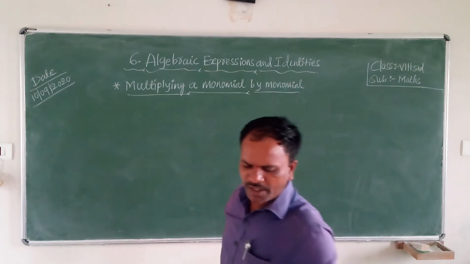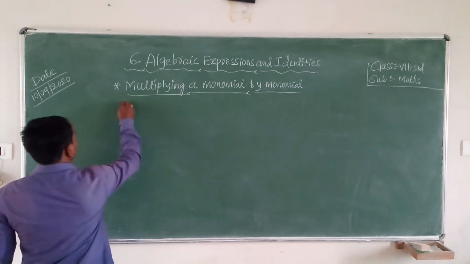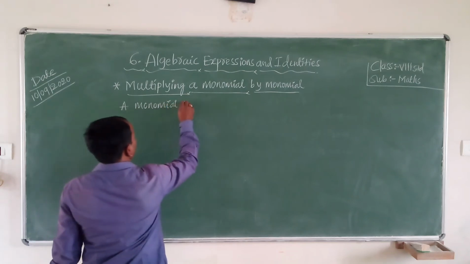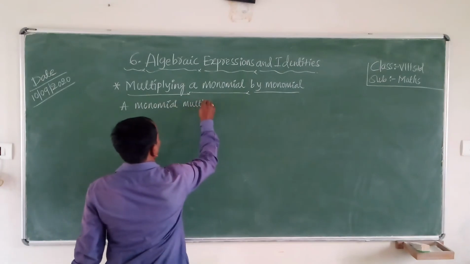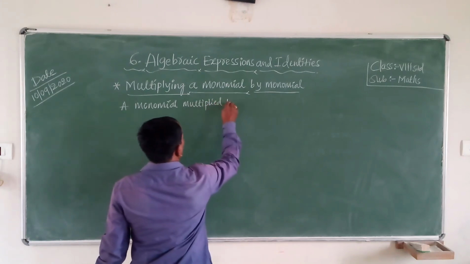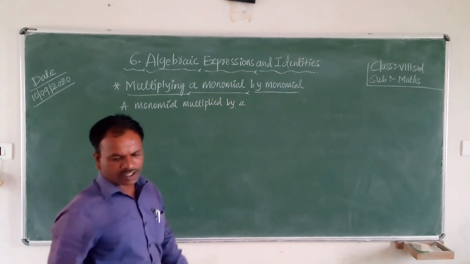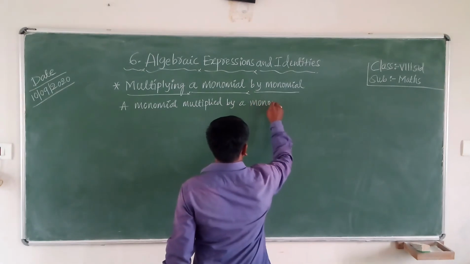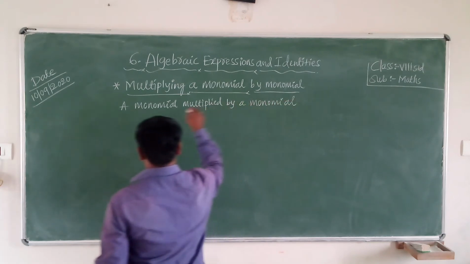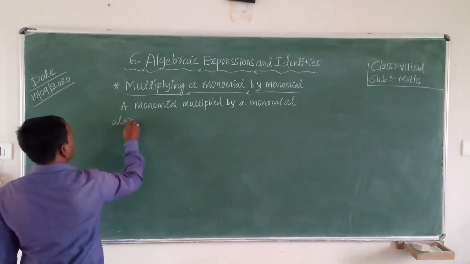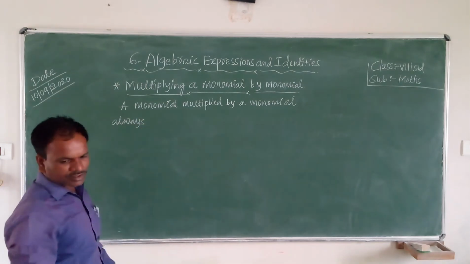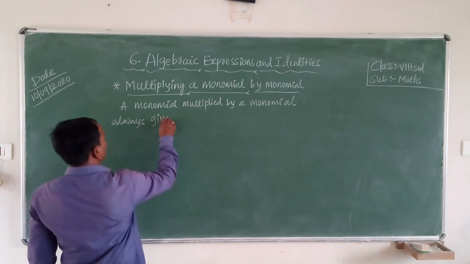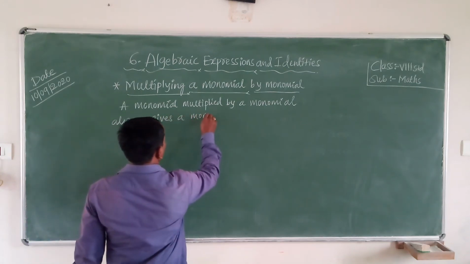A monomial multiplied by a monomial always gives a monomial.